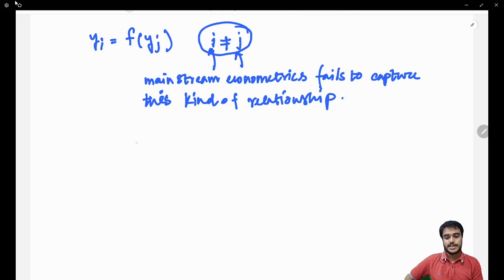As locations are close, consumption patterns are very close. Suppose the consumption pattern in Odisha is related with West Bengal, or the boundary states of Odisha like Andhra Pradesh, Chhattisgarh.